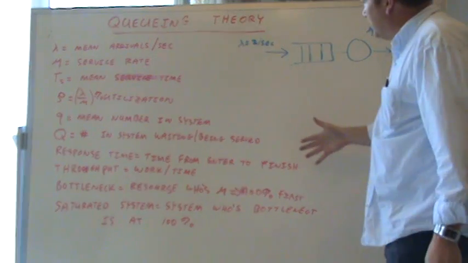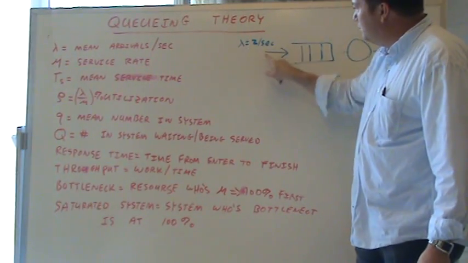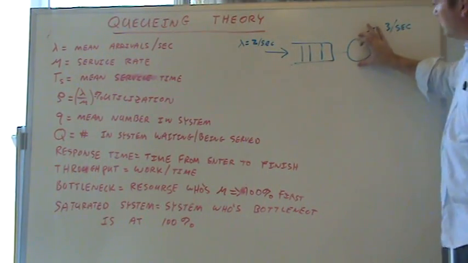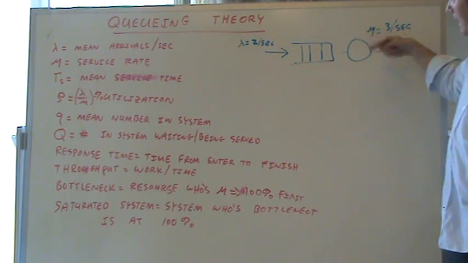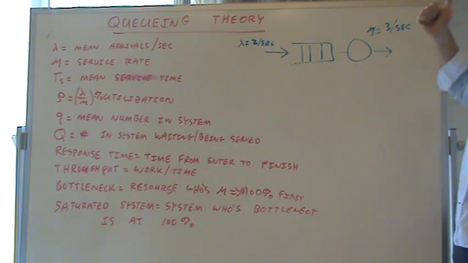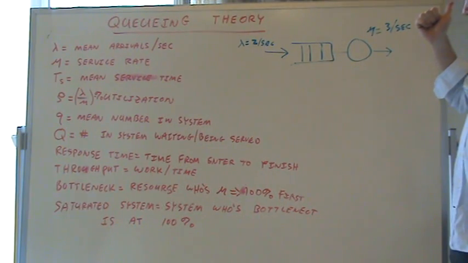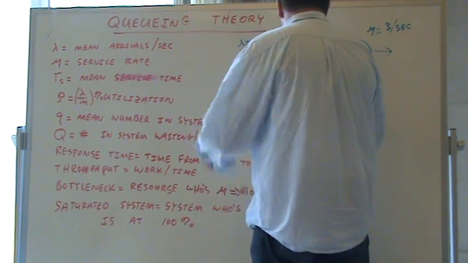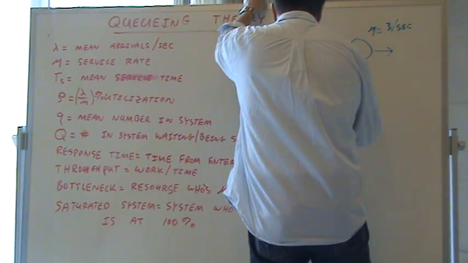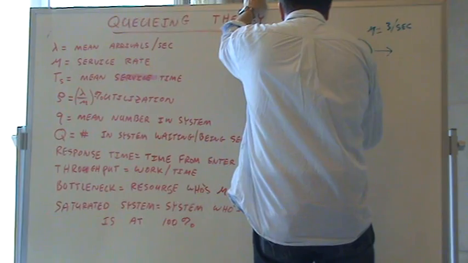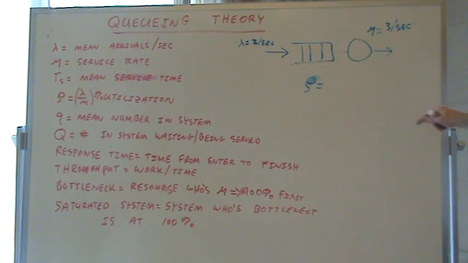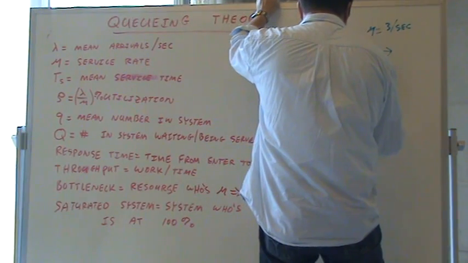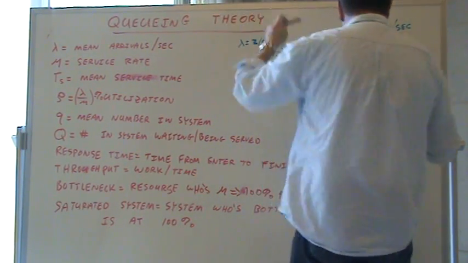With these numbers I've made up, with a lambda of 2 per second, 2 jobs are arriving per second, and this thing, if it was fully utilized, can operate at a speed of getting 3 jobs per second out. So the percentage of the time that this thing is in use would be 2 divided by 3, or 67% of the time.